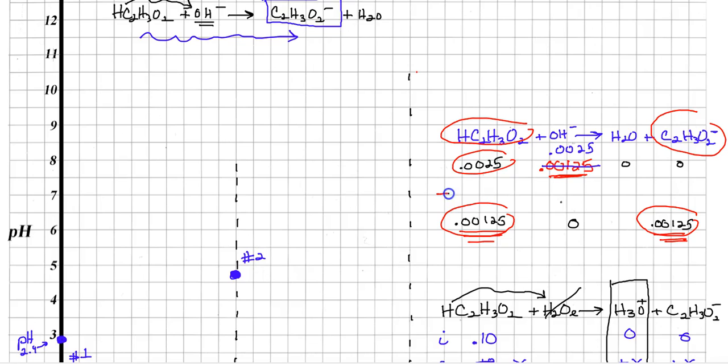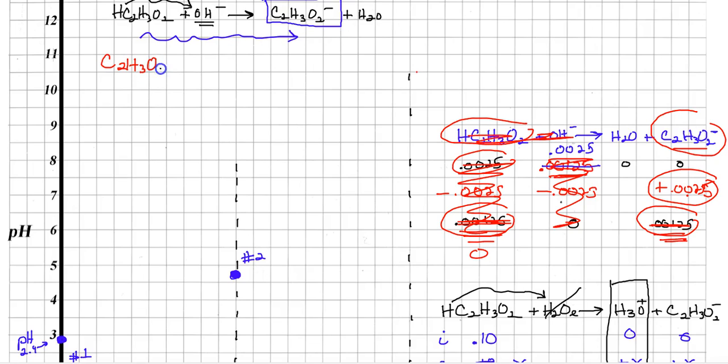And when that happens, what you're going to have is 0 for both of these, but you're going to have 0.0025 moles of this conjugate base standing, and these guys are all gone to 0. They've all been used up, and you have 100% at the what? Equivalence point.